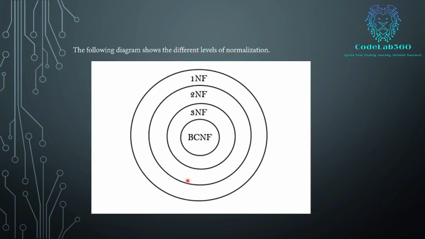Just to see the diagram of normalization: first NF, second NF, third NF, BCNF. These four are the normalization forms. Okay, so today's session ends.